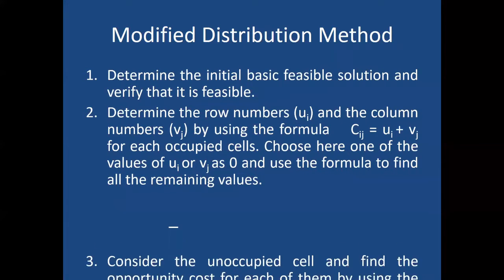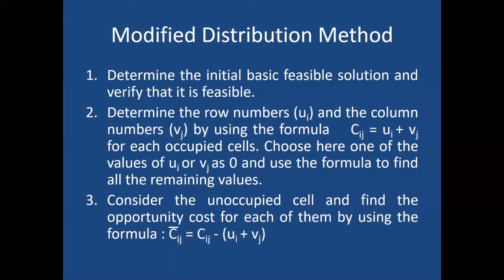Clear? Then you can go ahead and consider the unoccupied cells and find the opportunity cost for each of them by using the formula given to you, which is Cij bar equal to Cij minus (Ui plus Vj). Now what is actually this value?